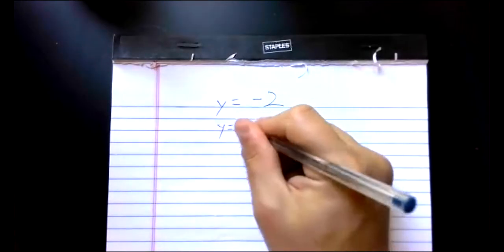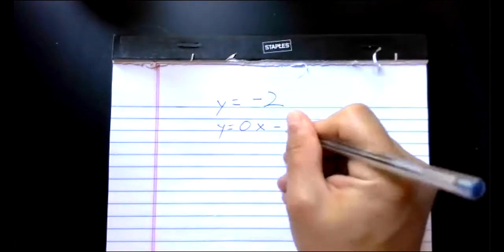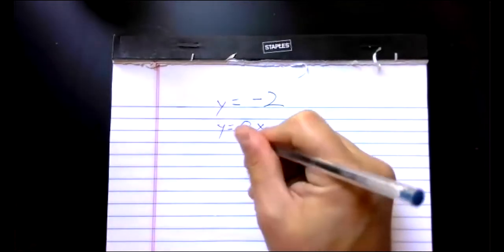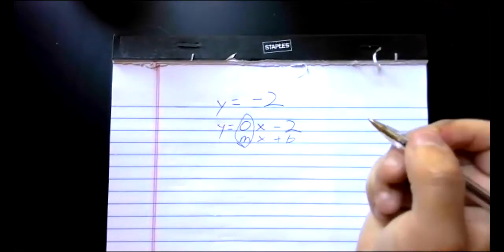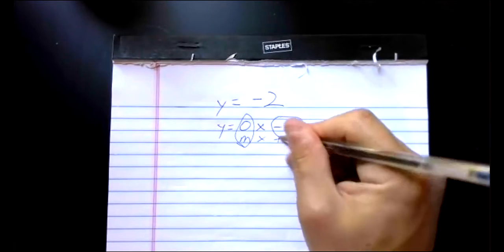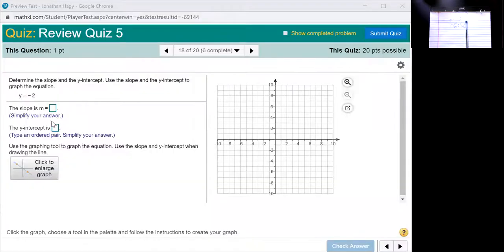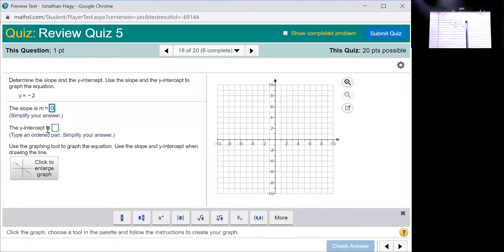Pretend that's 0x minus 2. mx plus b, which means the slope is 0, which is fine, and the y-intercept is -2. So the slope is, let's go back to the problem, 0. The y-intercept is coordinate 0, -2.